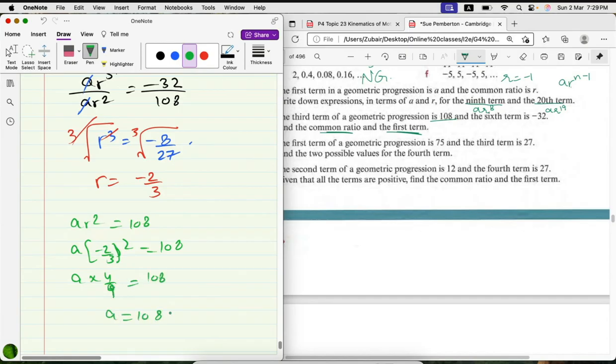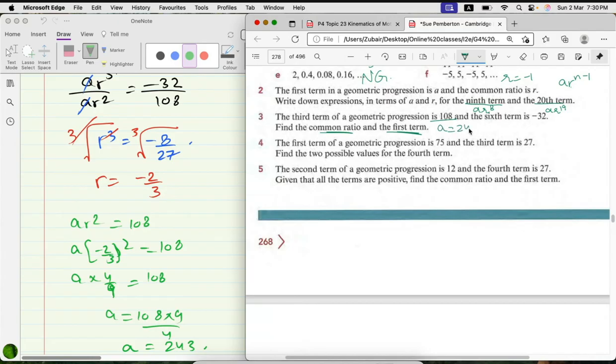A equals 108 into 9 by 4. And that's 243. So A is 243 and R is equal to minus 2 by 3.